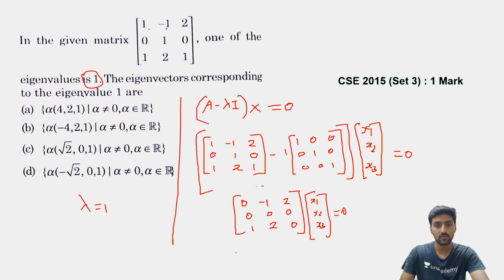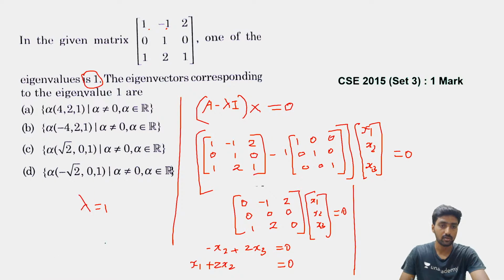There are three equations we are getting. That is minus x2 plus 2x3 is equal to 0, and x1 plus 2x2 is equal to 0. Now use the rule of cross multiplication in order to identify the solution.